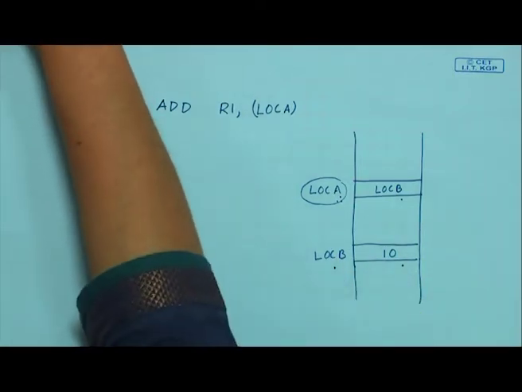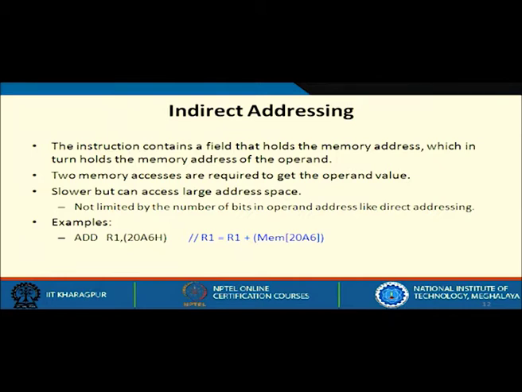Okay. So, in this case, you can see that you require 2 memory accesses to get the operand value. It is slower, but can access a large address space.